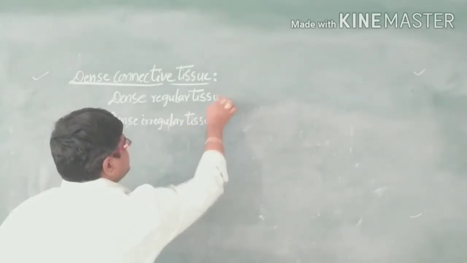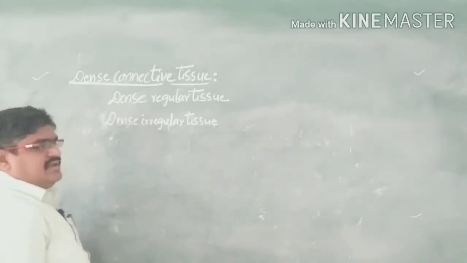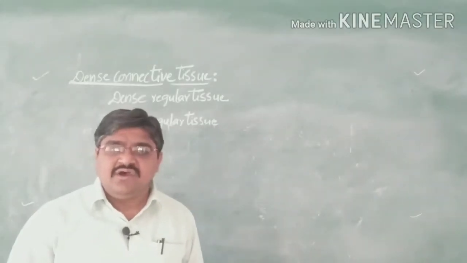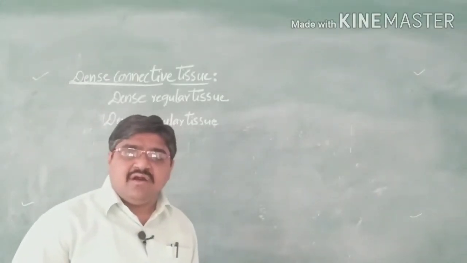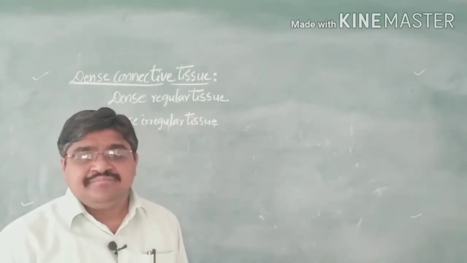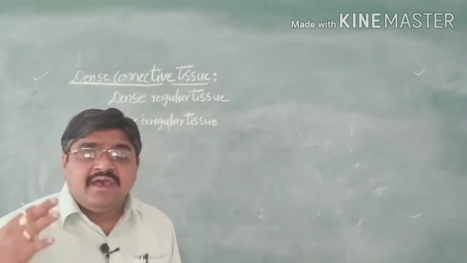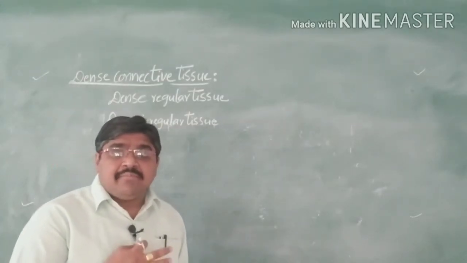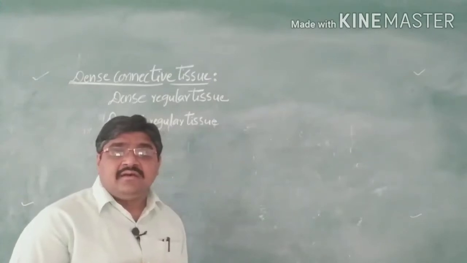Dense regular tissue consists of an arrangement or orientation of the collagen fibers in the form of rows of parallel bundles. These are arranged in parallel rows.